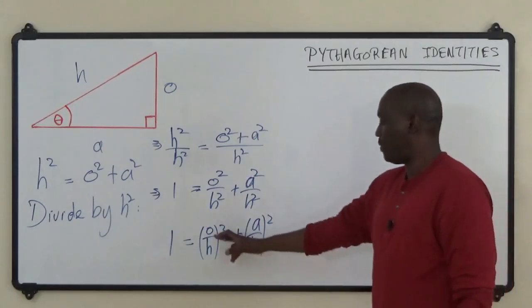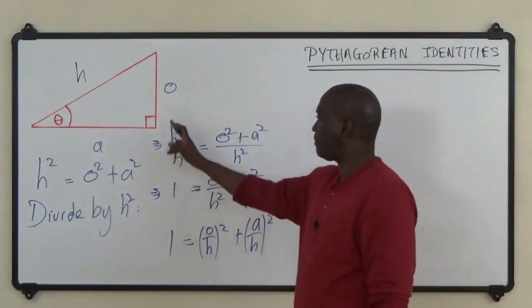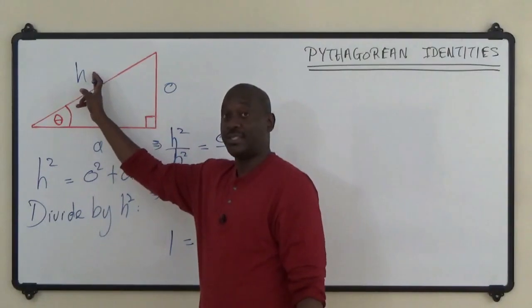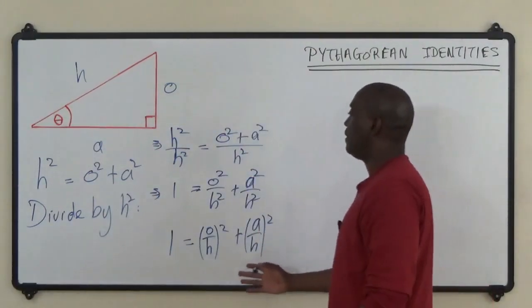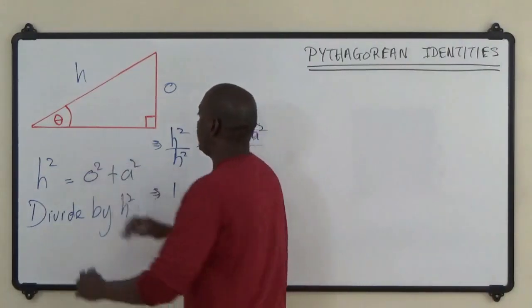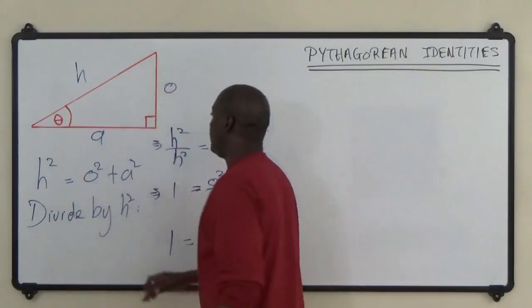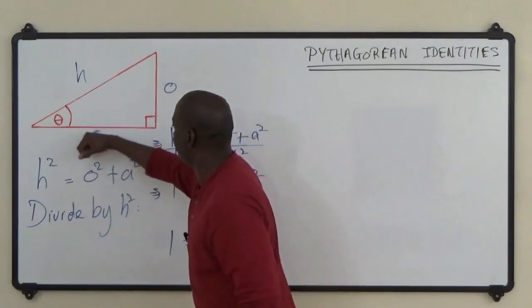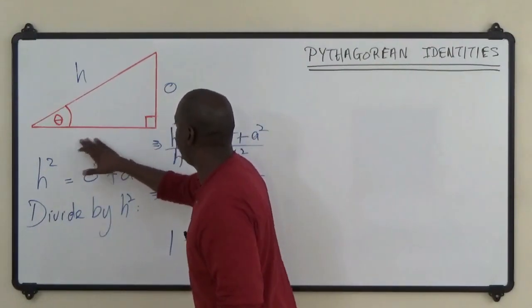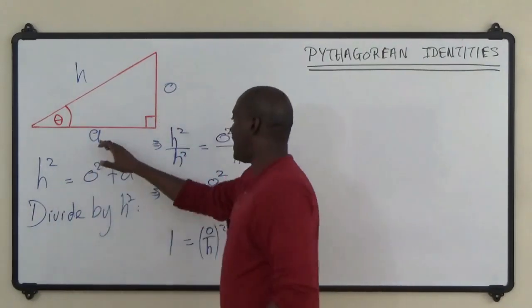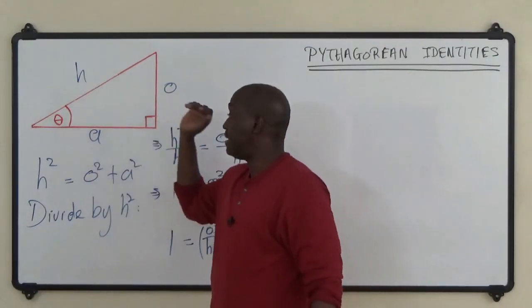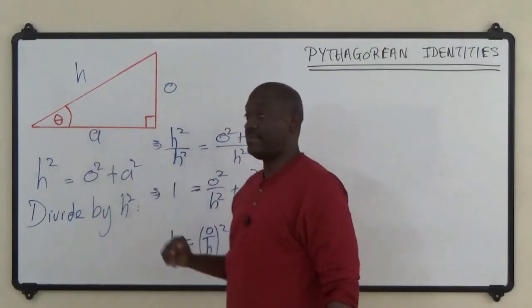Now, we know that o over h, opposite over hypotenuse, is sine of theta. And similarly, we know that a over h is cosine of this same theta here.